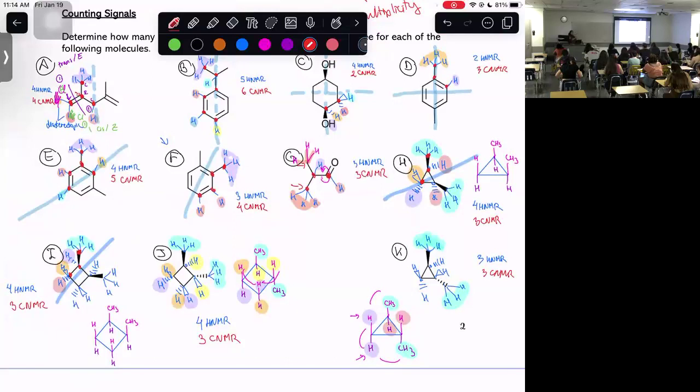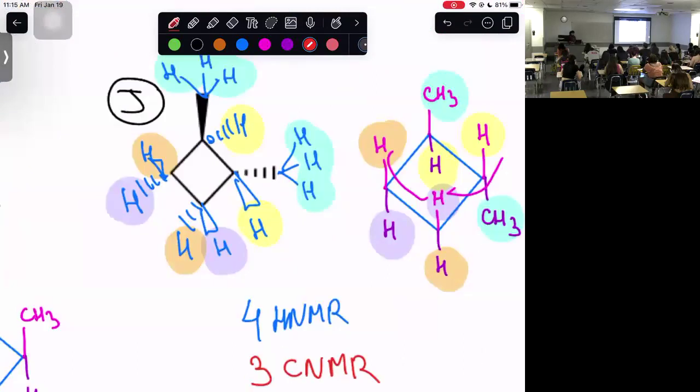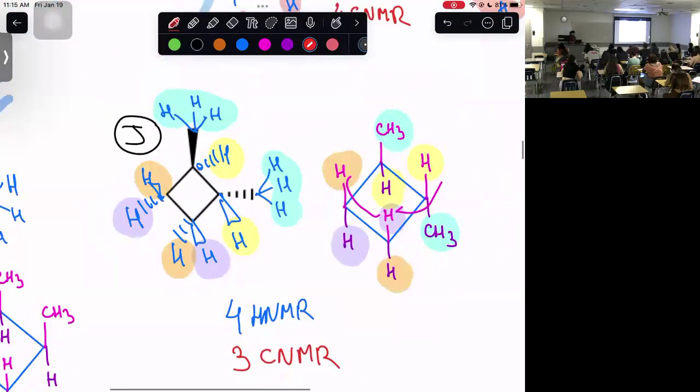Yes. So yes, it's going to be, for example, this carbon and this carbon, because they're mirroring the same environment as we saw with the other ones.